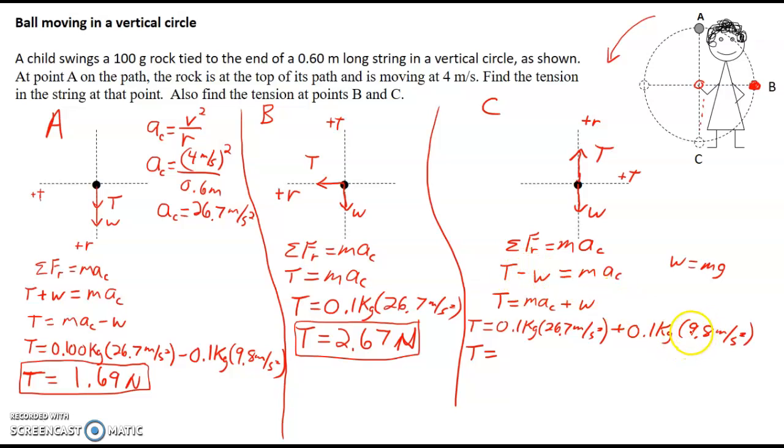And so if we put a minus sign there, we are canceling out that. And that doesn't work that way. The same thing over here for A. We accounted for the direction right here with a plus sign because the weight is going in the positive R direction. This one comes out to be 3.65 newtons.